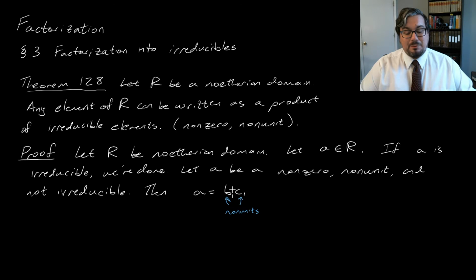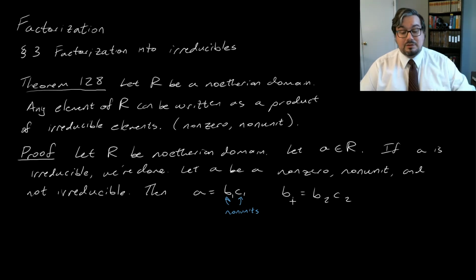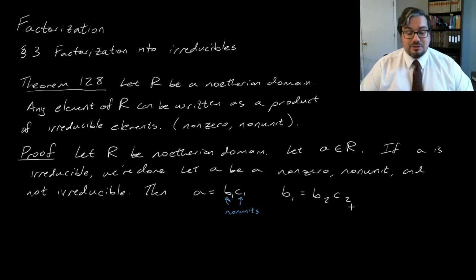If B1 is not an irreducible element, then that means that we can write it as a product of two non-unit elements, and so forth and so on. So this is the basic idea.